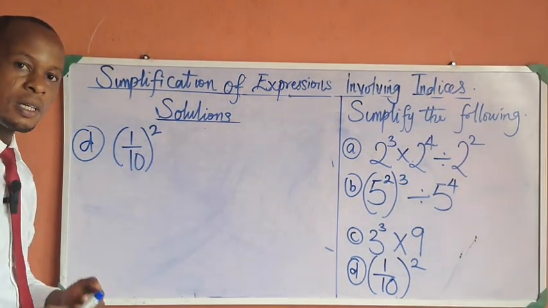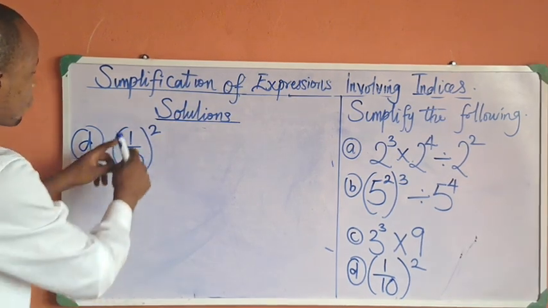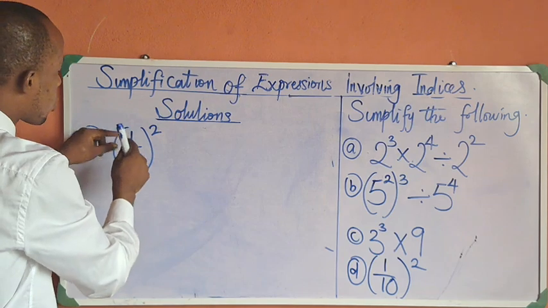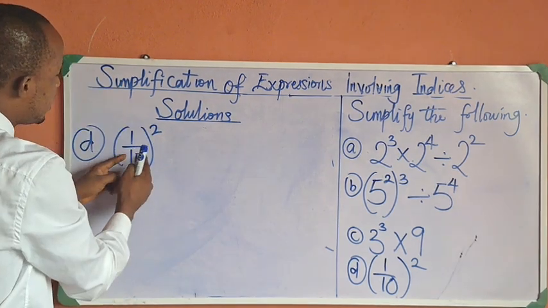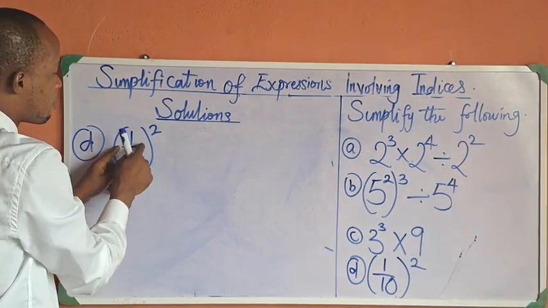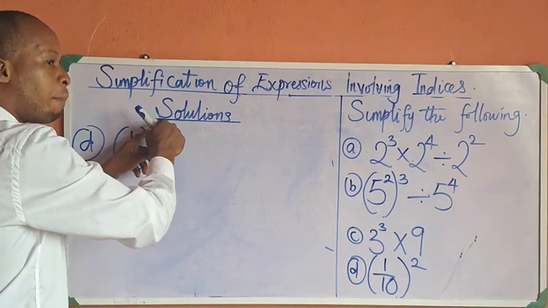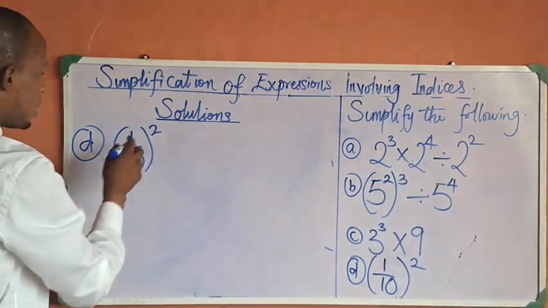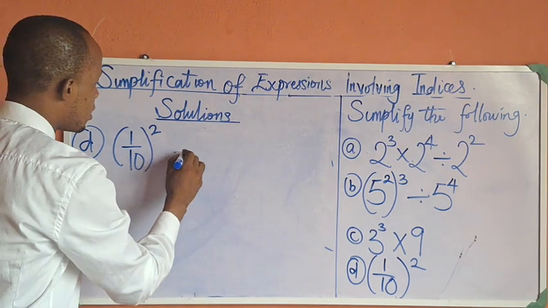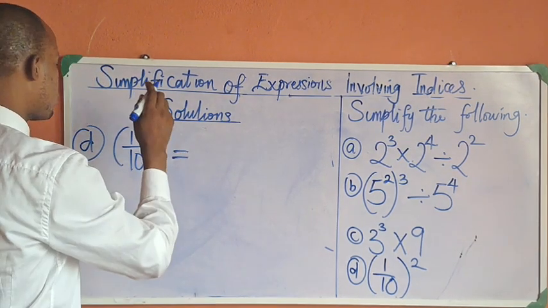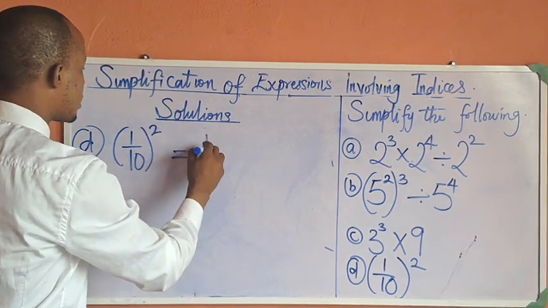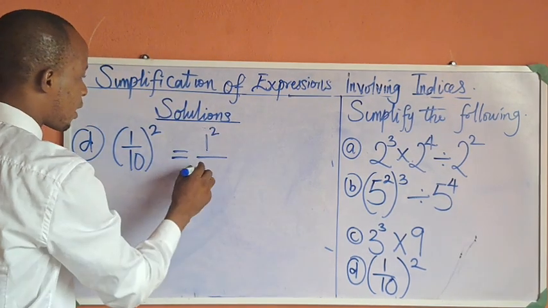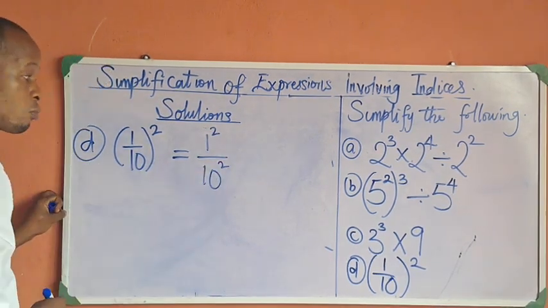The quotient law simply states that if you have a fraction in a bracket having the power outside, each of the numerator and the denominator of the fraction in the bracket should have the power outside the bracket. So applying the law, the answer to this equals 1 having the power of 2 all over 10 also having the power of 2.